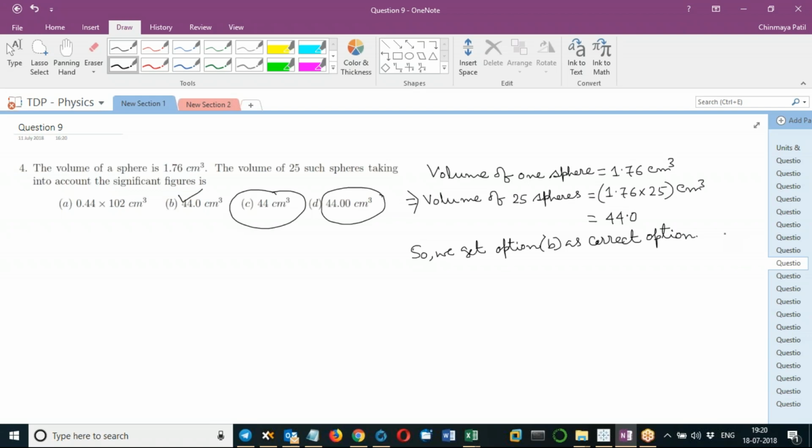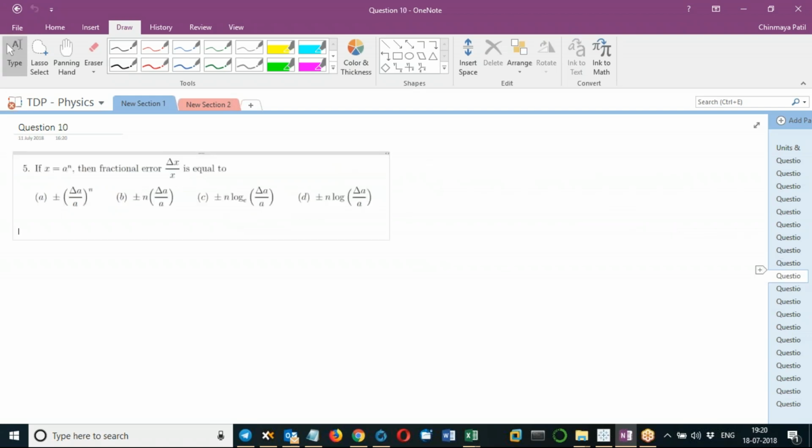Now let's go to the next question. In the next question, it is mentioned that if x is equal to a power n, then the fractional error, that is delta x by x, is equal to what?